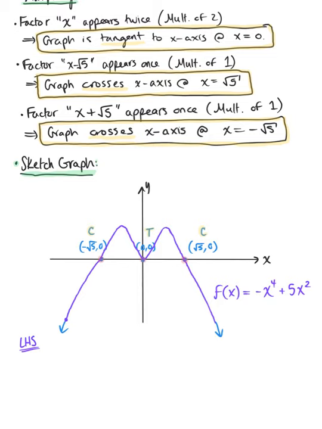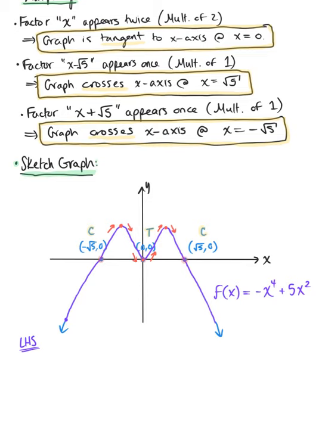We have a turning point right here. This is where the function is changing from increasing to decreasing. We have our second turning point here at the origin, where the function changes from decreasing to increasing. And we have our third and final turning point right here. And this is where the function changes from increasing to decreasing.